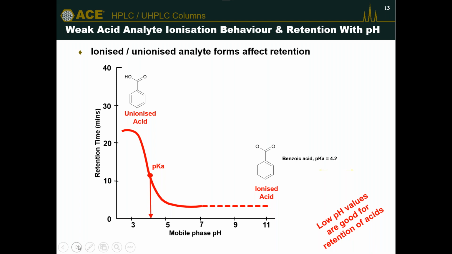So low pH is good for acids, high pH is good for bases. And therefore, if you have a mixture of acids and bases in your sample, it makes it hard to choose a pH. But it also means that if you use pH as a method development parameter, you've got a big chance of changing selectivity when you try and explore that method development space.